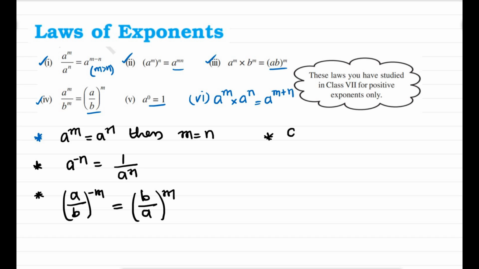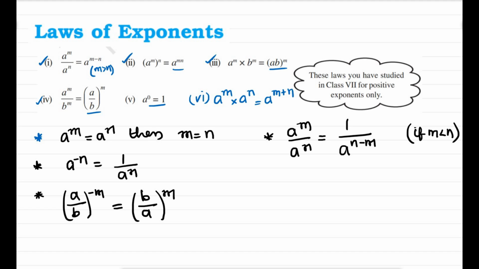And a power m by a power n. We know if m is greater than n. What if m is less than n, we can write it as 1 by a to the power of n minus m.